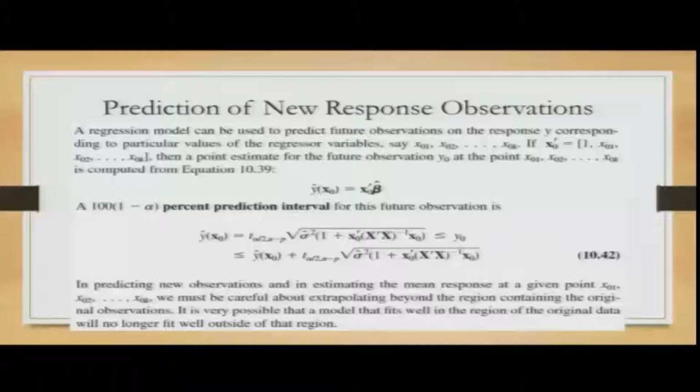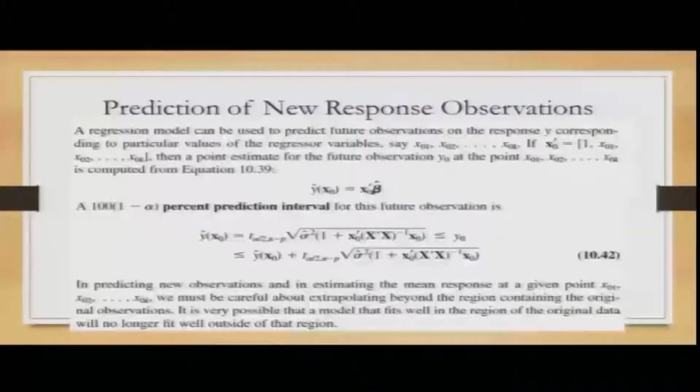So, a point estimate of the future prediction would be found out, where we multiply, if you remember correctly, beta naught hat plus beta 1 hat into x n plus 1, which is given as x naught 1 here, plus beta 2 hat into x 2, the random variable, its n plus 1 value, which is given as x naught 2, plus dot dot till the last value, which will be beta k hat multiplied by x k and its n plus 1 reading, which here is given as x naught k.